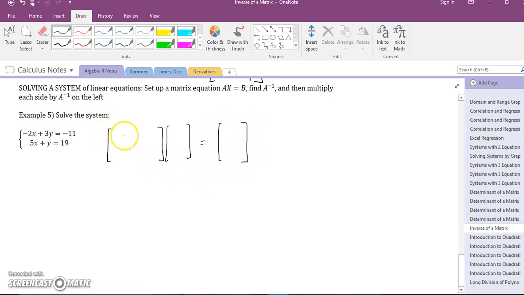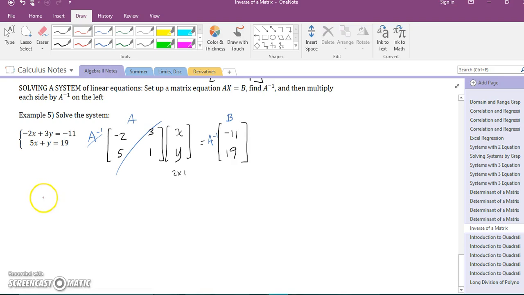And this is just like what we did above, except we're not going to end up with a 2 by 2. We're going to end up with a 2 by 1 because x and y are set up in such a way that it's 2 by 1. So our mystery matrix xy is just smaller, and it's the same process. So I'm going to multiply each side by A inverse on the left, which will then cancel these and leave xy alone.